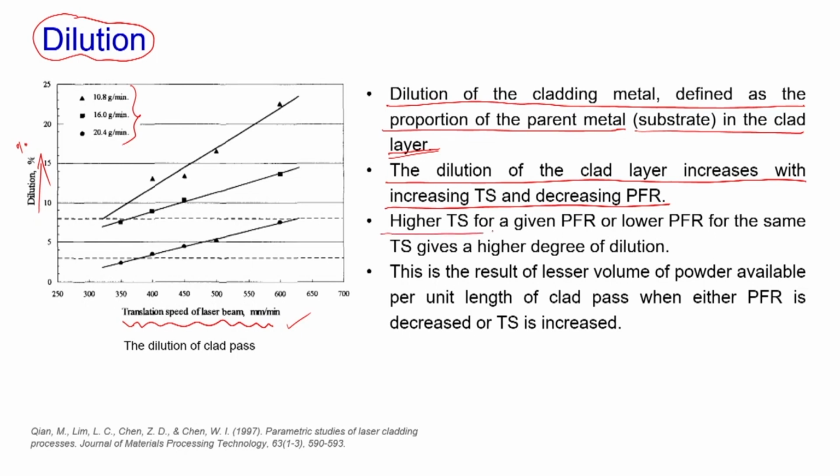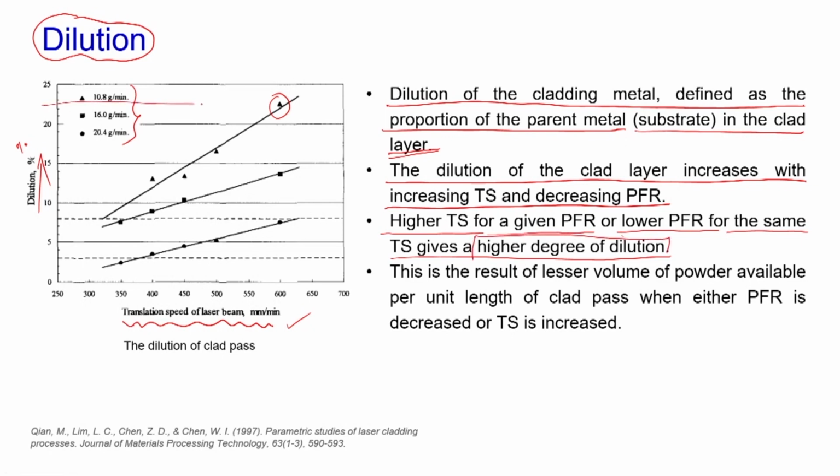So, if we apply more powder feed rate, then the dilution decreases. Higher TS for a given PFR, or lower PFR for the same TS, gives a high degree of dilution. If you are working at a very high translation speed and with a lower PFR, as you can see here, then you have a higher degree of dilution.